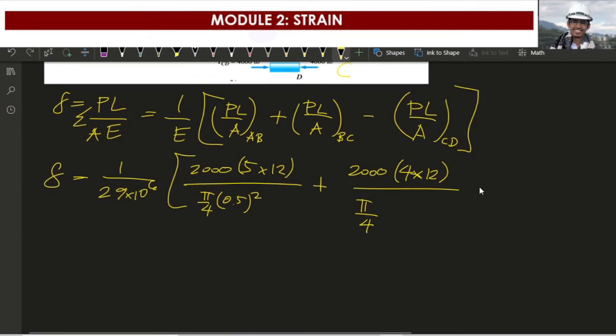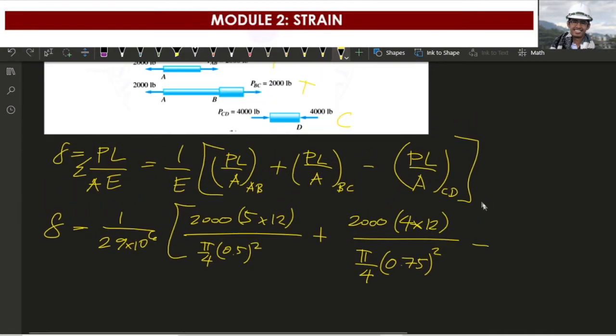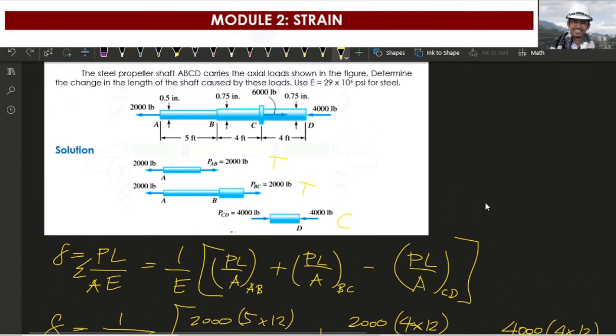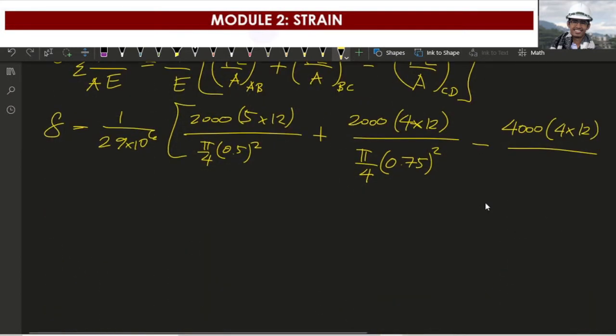That will be 0.75 squared. Minus, yung last segment natin, that is 4,000 times, yung length is 4 feet. So, that will be 4 times 12 over yung area niya, 0.75 then. So, pi over 4 times 0.75 squared. Okay.